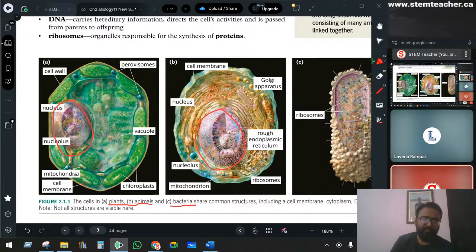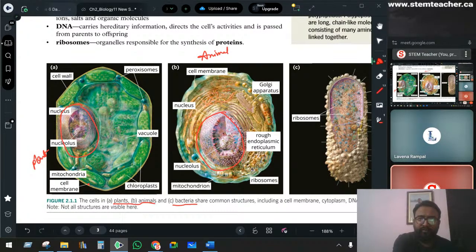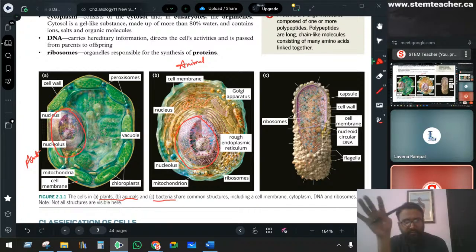So this is the entire cell structure. This is a plant cell. This is an animal cell. Only a few things are common, not all. A few things are unique for the plant cell and unique for the animal cell. There are some common things, so we have to think about that.